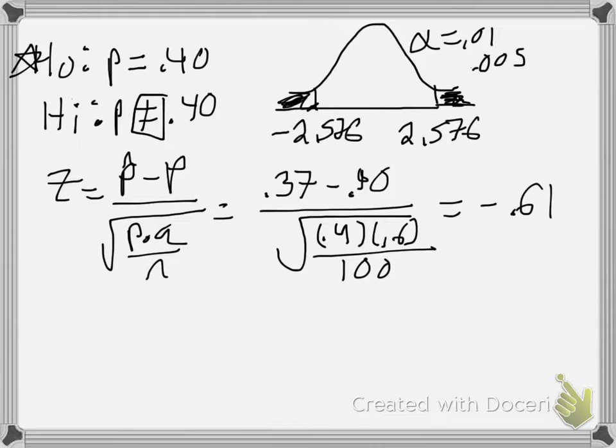Now, where's negative 0.61? Is it between these two values? Yes, so it's in the non-critical area, so what do we do? If it's not shaded, we fail to reject. So we fail to reject the null.